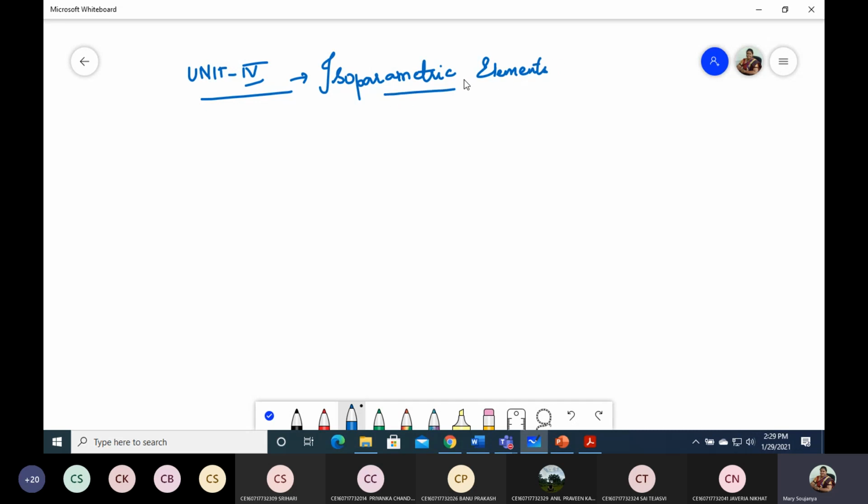Alright, the isoparametric concept was brought out by two people. One is Taig and the other one is Irons. Those are the people's names, okay? You may please note it down. The isoparametric concept brought out by Taig and later generalized by Irons revolutionized the finite element analysis and helped in properly mapping the curved boundaries.